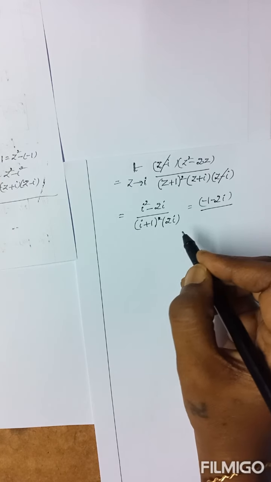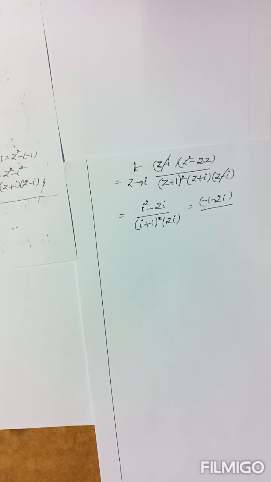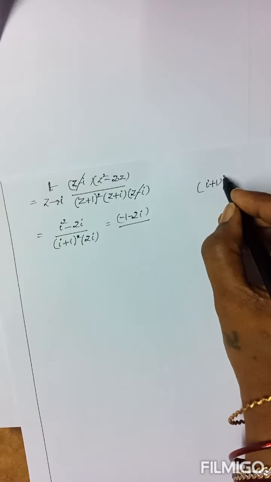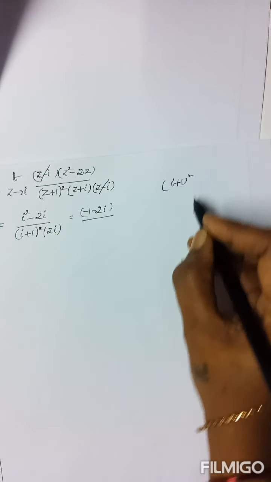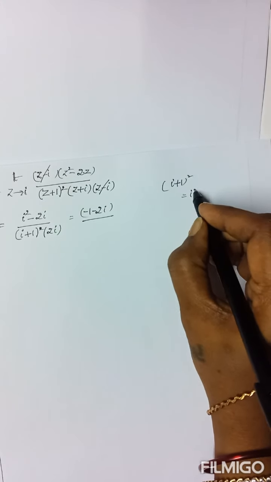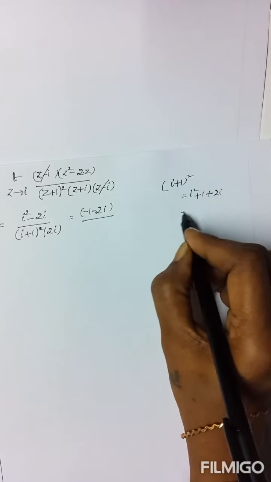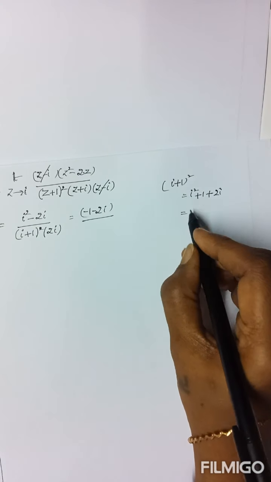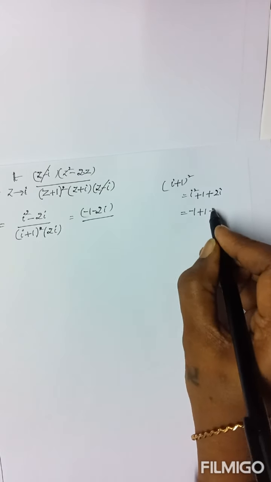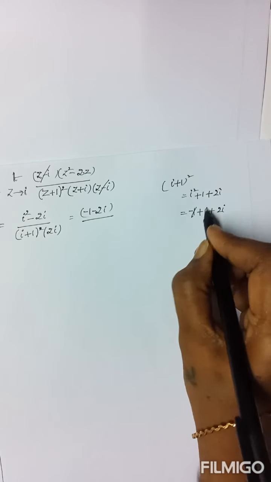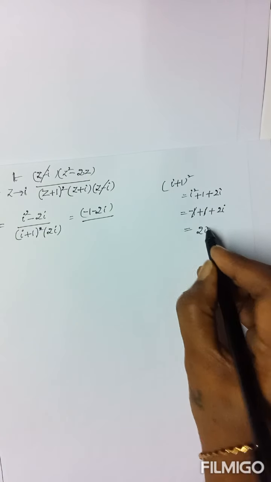This is the a plus b whole square formula: a plus b whole square can be written as a square plus b square plus 2ab. Here it is minus 1 plus 1 plus 2i, so totally its value is 2i.